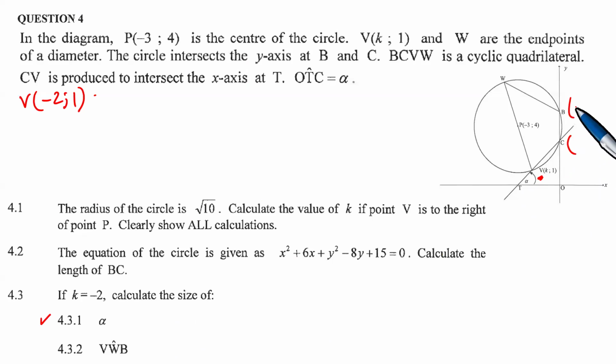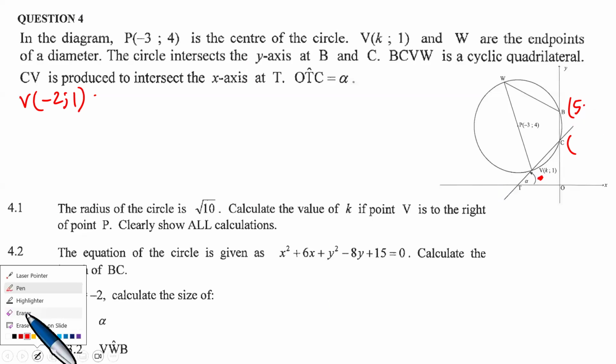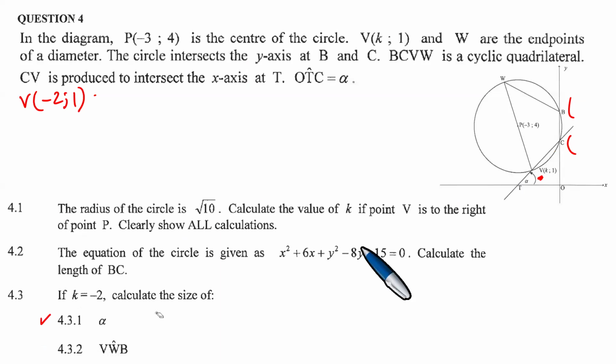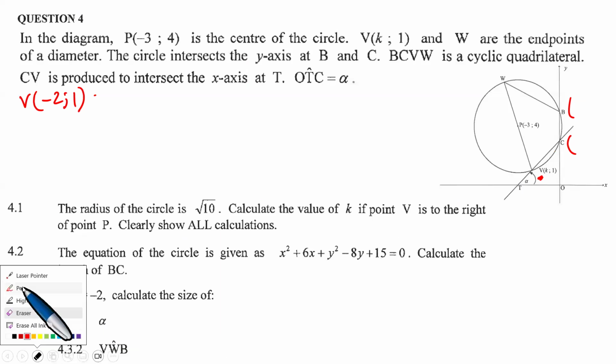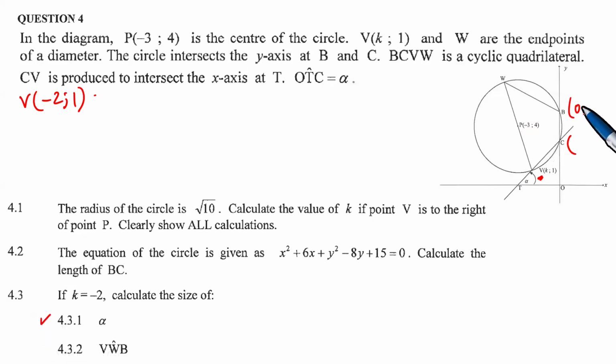We saw that this one was 5 and this one was 3. So it's 0, 5, and then 0, 3, because they are on the y-axis. So here you put 0, 5, 0, and 3, because these are points on the y-axis.